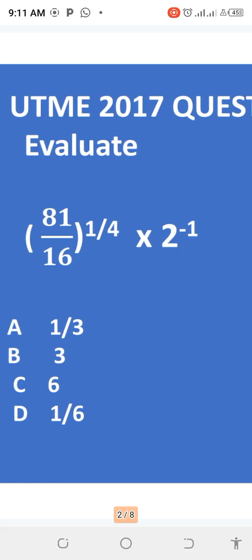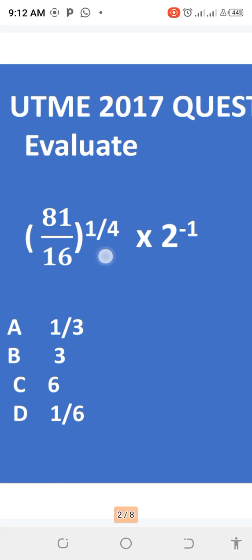Now, two things are being tested in this question. Fractional indices are tested, and a number raised to a negative power, the minus sign, is also tested. In fractional indices, the denominator is the root, while the numerator is the power to which the base is raised.